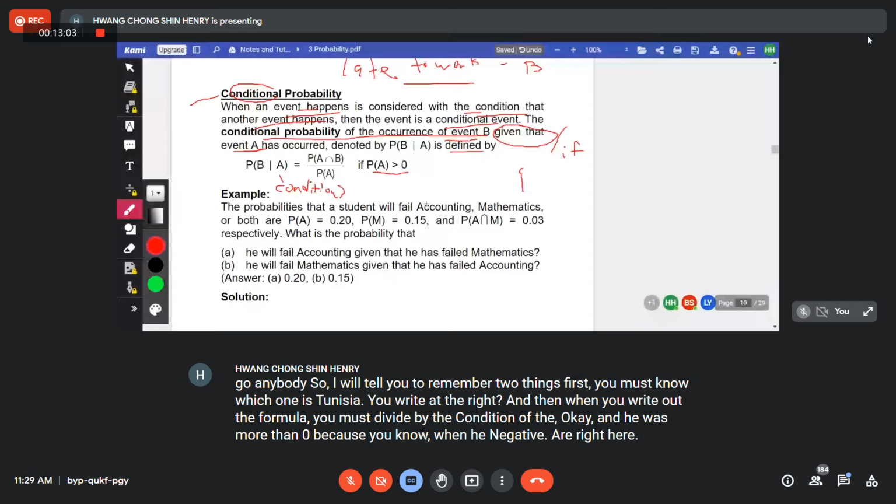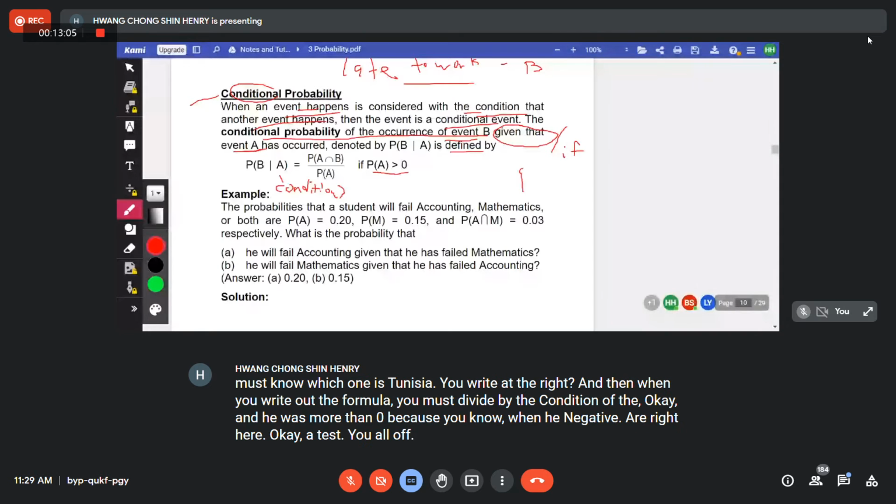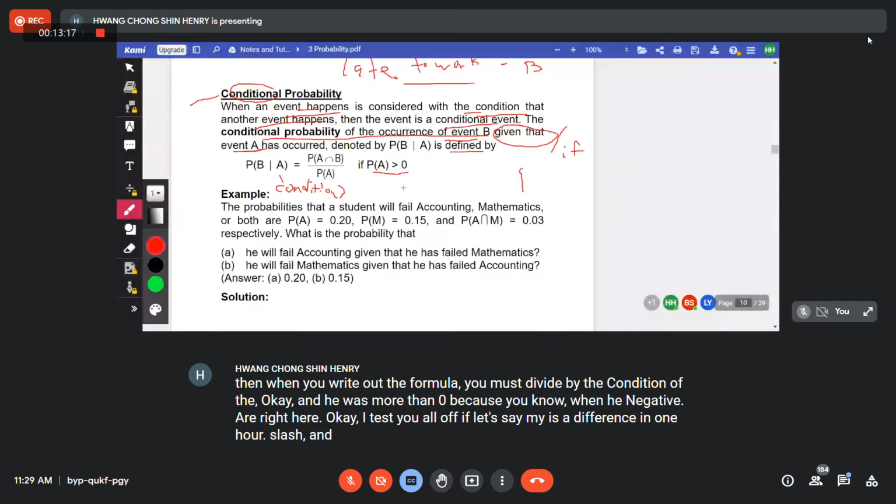Okay, I test you all out. Let's say I use a different symbol now, M slash N. I can use any symbol I like. Let's say I use P of M given N. Can you tell me which one is conditional?